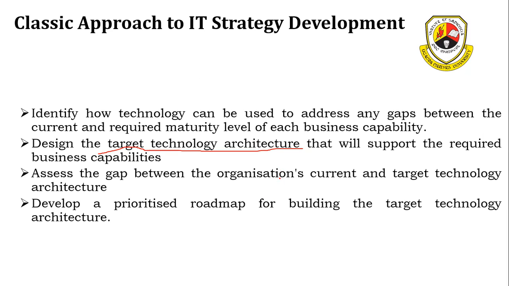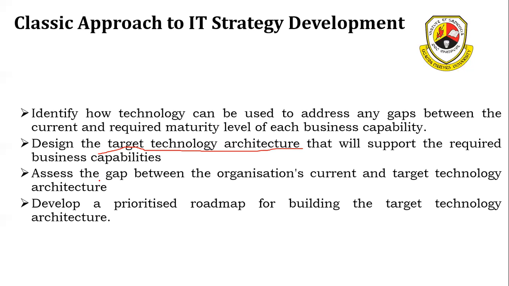So basically, in the process, when we begin to identify the gaps, we want to point out what our desired technology architecture is. And we also assess the gaps. What gaps exist that are not assisting us to achieve our desired architecture?